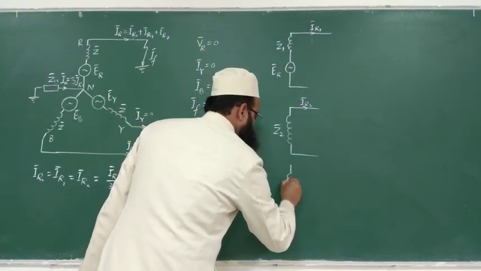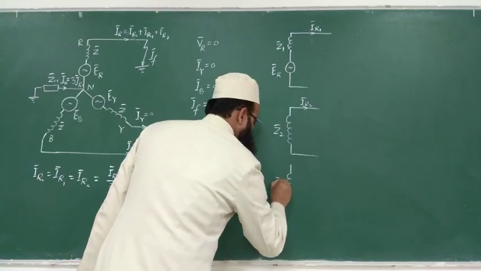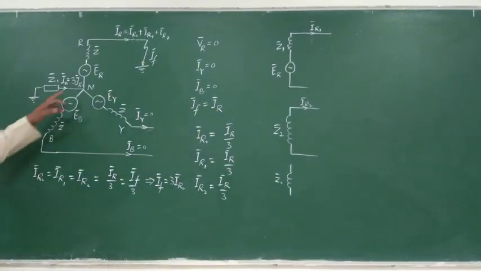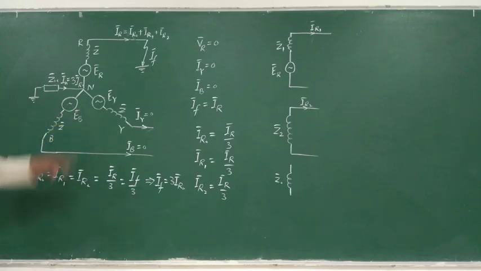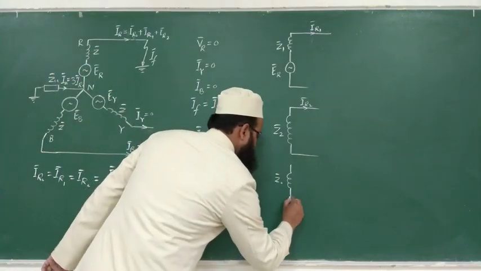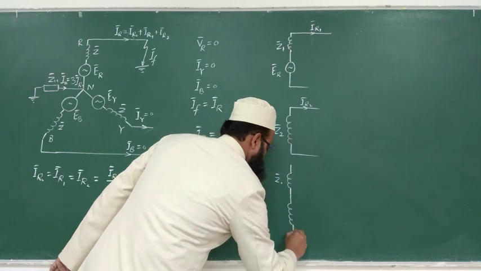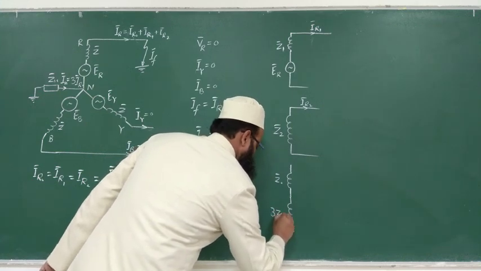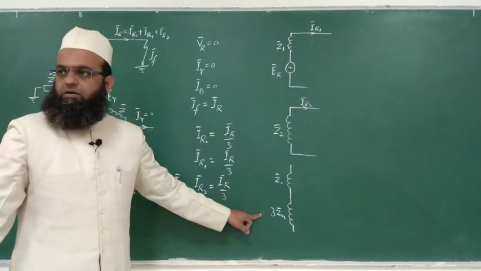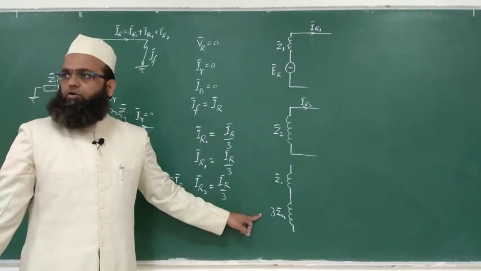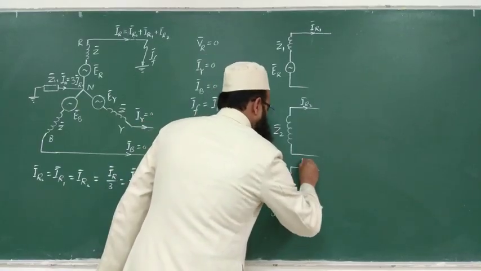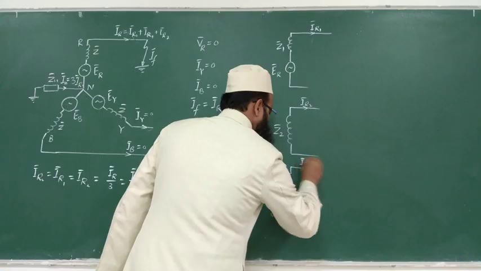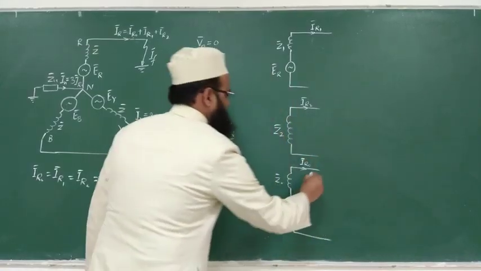Zero sequence impedance will be Z0, and we have neutral grounded through Zn. So equivalent impedance offered to zero sequence current will be 3 times Zn, right? This is neutral, and we have discussed this, right? Are you having still any doubt? No doubt. Okay, so current through this will be IR0. Fine.